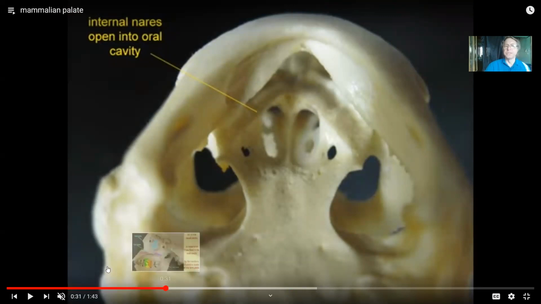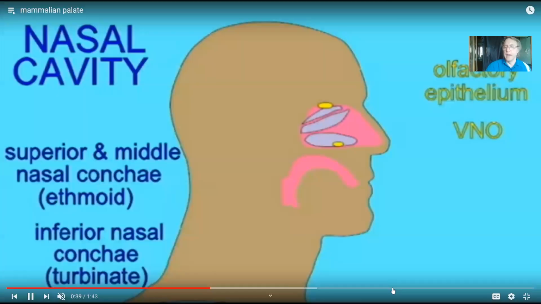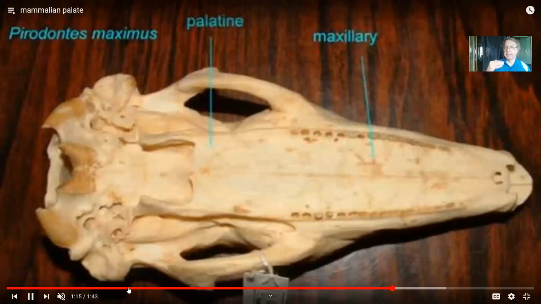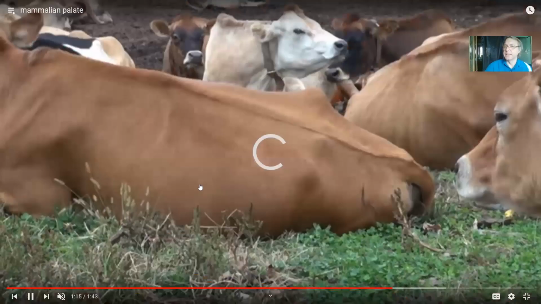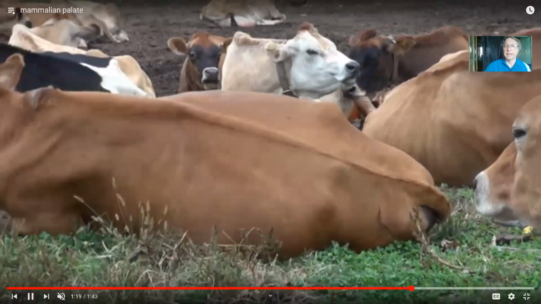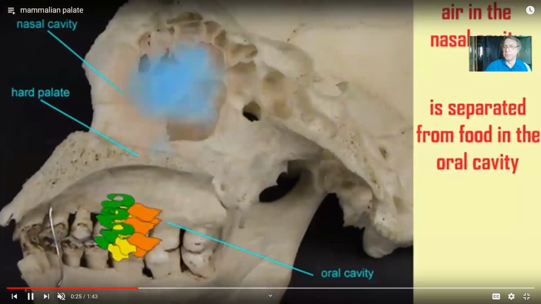But once again, because it is so important that we then eat a great deal and breathe a great deal, the maxillary and palatine bones have fused together to make these separate spaces. So these cows, which have to chew all day, can still be breathing at the same time. And so once again, we have a nasal cavity separate from an oral cavity. And once again, that's unusual for vertebrates.